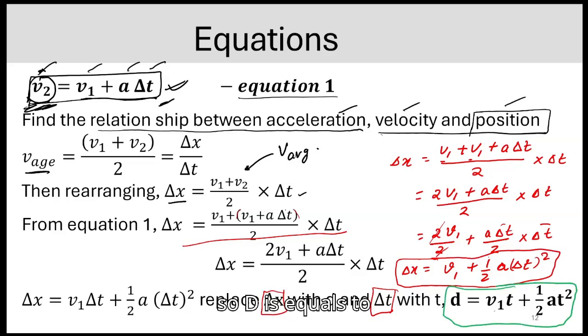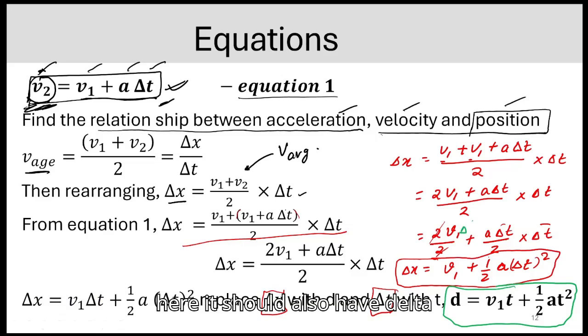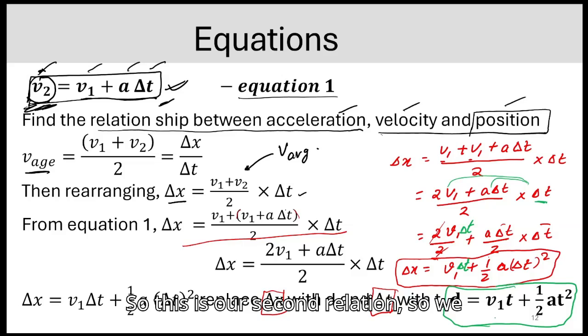So d equals v1 t, sorry, here it should also have delta t because you need to multiply this to both of these terms, so you have v1 t plus half a t squared. So this is our second relation.